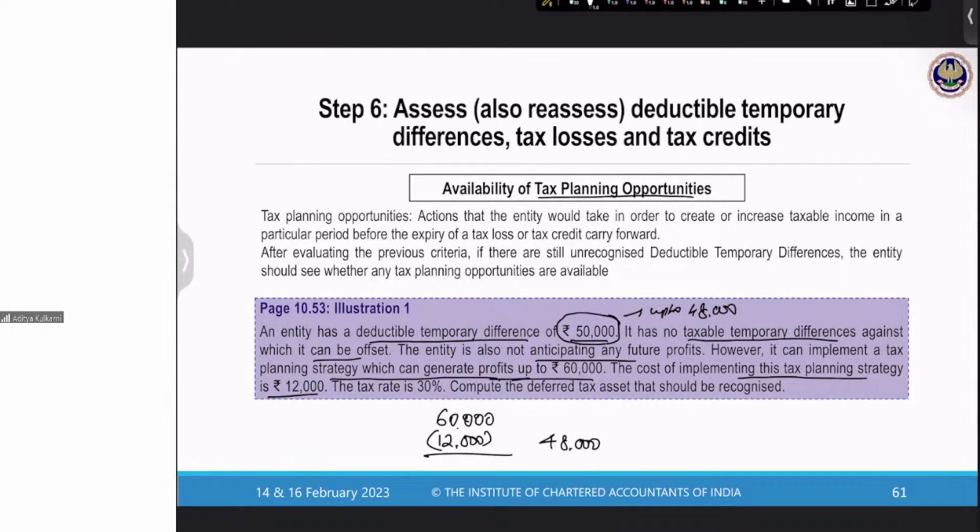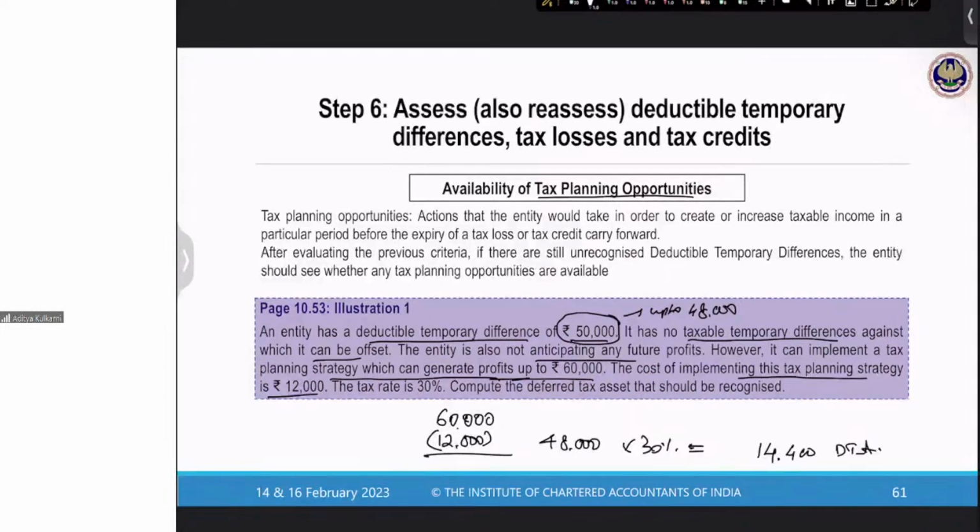It generates profit of 60, for which you have to pay 12, so net profit generated is 48,000. So you will recognize a deductible difference of 48. The rate is 30%, so 48,000 into 30% gives you 14,400 DTA that can be recognized.